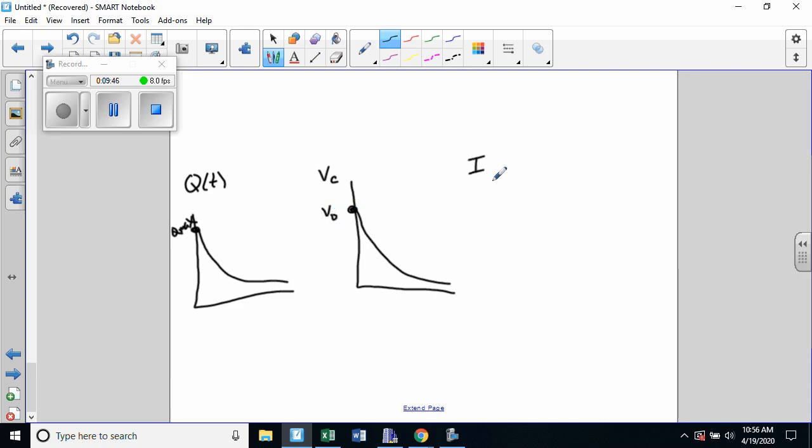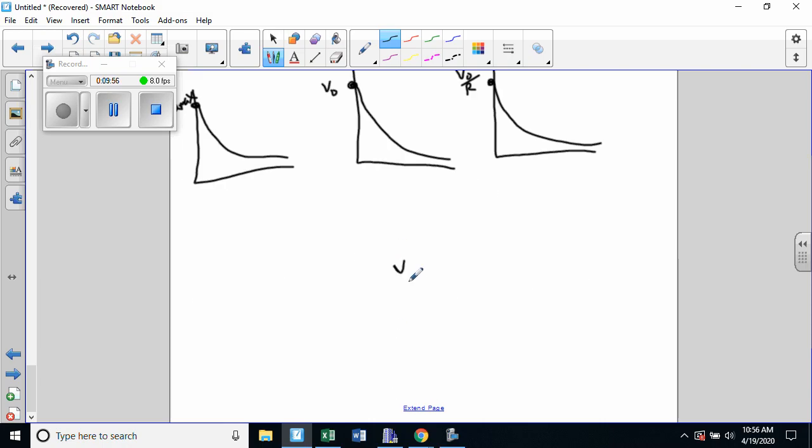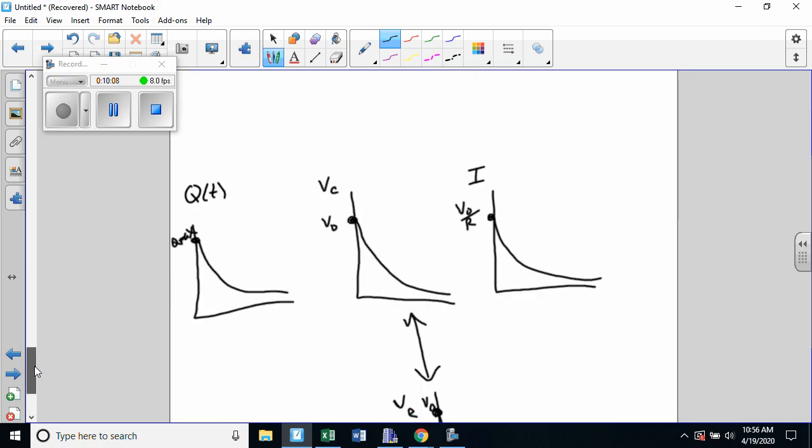Current as a function of time is an exponential decay, starting out at V naught over R. And the last one is voltage on the resistor, also an exponential decay, and it starts out with V naught too. So it looks identical to the capacitor graph because the voltages have to be the same.